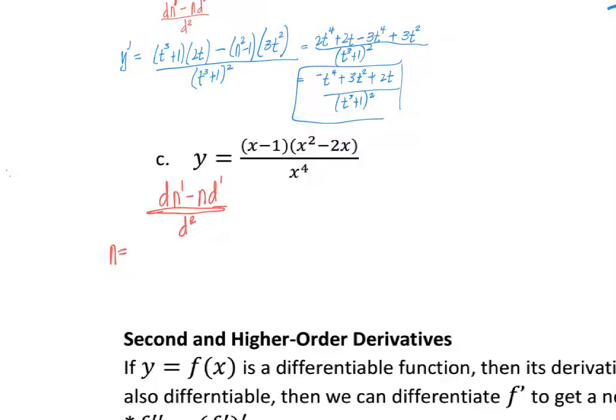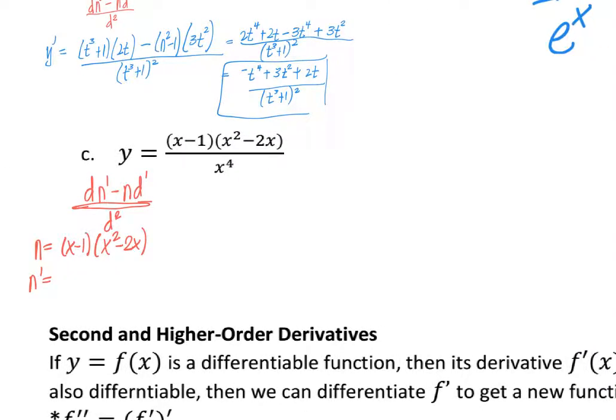Numerator is x minus 1 times x squared minus 2x. I'm not going to do n prime just yet because that's going to require a product rule, okay? And then the denominator is super simple, right? Denominator is x to the fourth, and the derivative of it is 4x cubed.